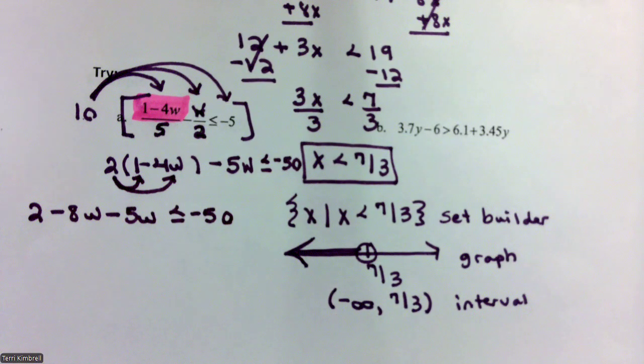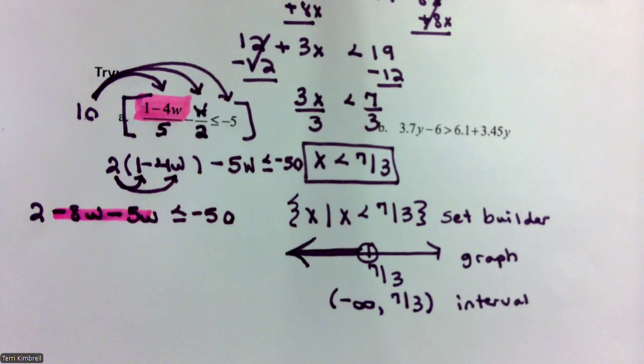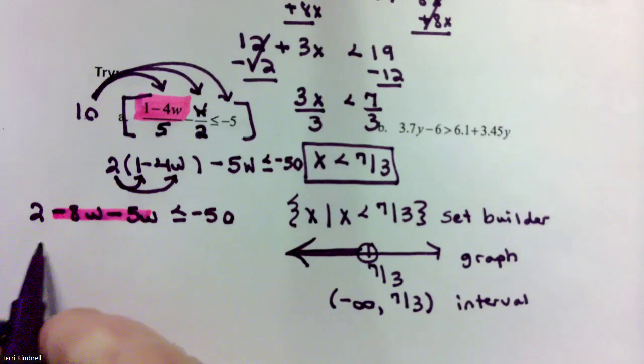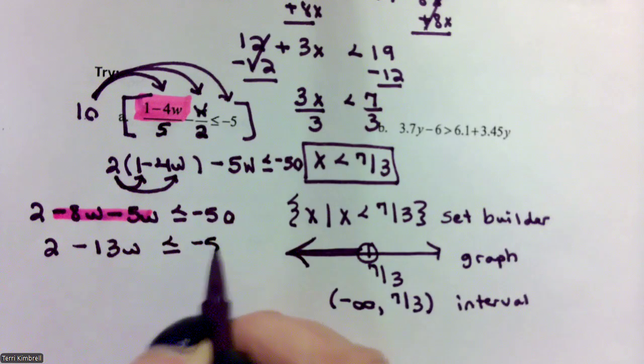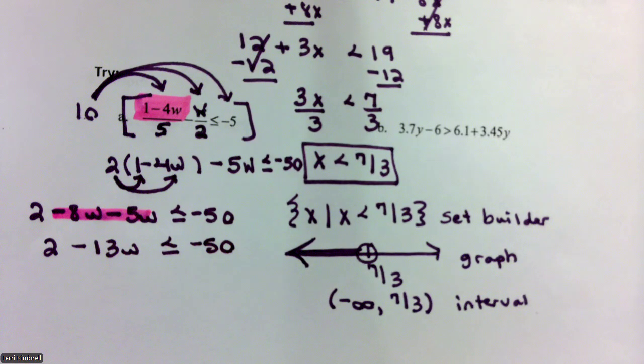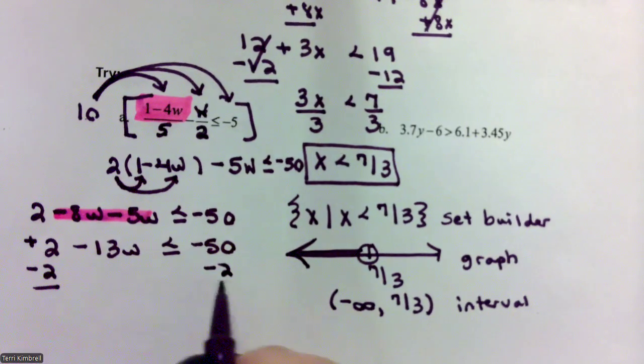Now I'm going to look to the left-hand side, and I see that I have w's on the left-hand side right there. So I'm going to put those together. That's going to be 2 minus 13w. Now I'm going to move the 2 to the other side by subtracting.